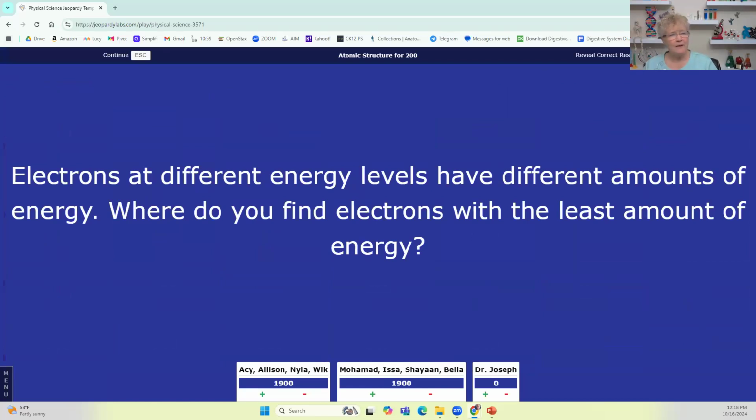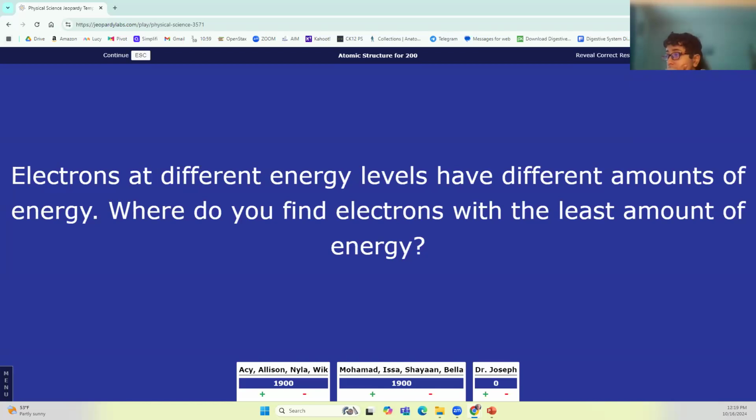Electrons at different energy levels have different amounts of energy. Where do you find electrons with the least amount of energy? Sorry, say again.